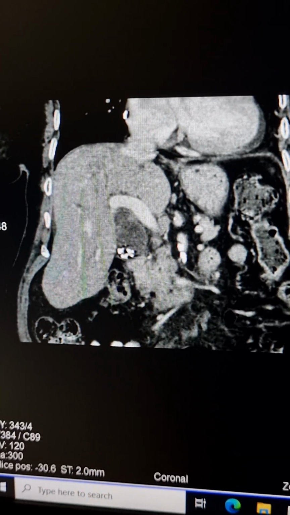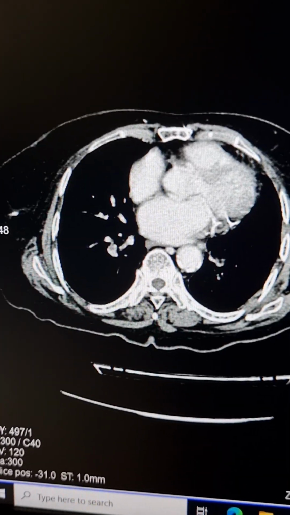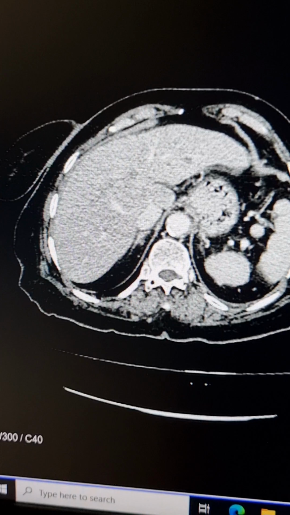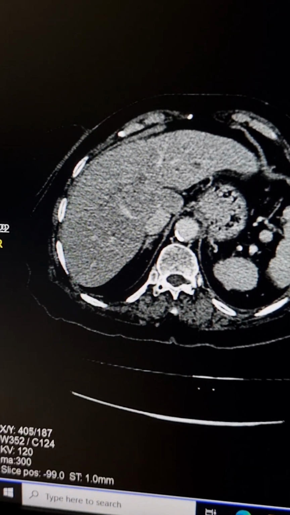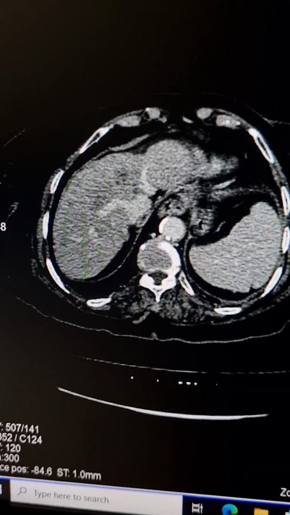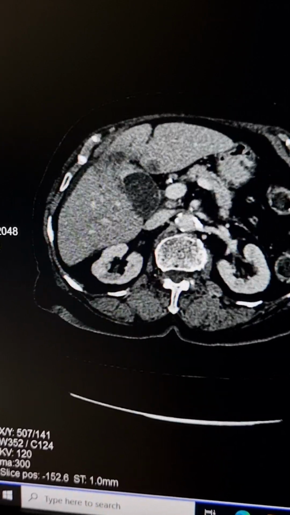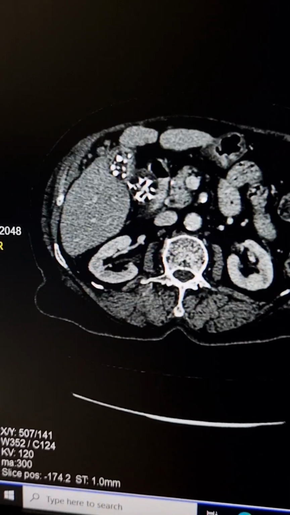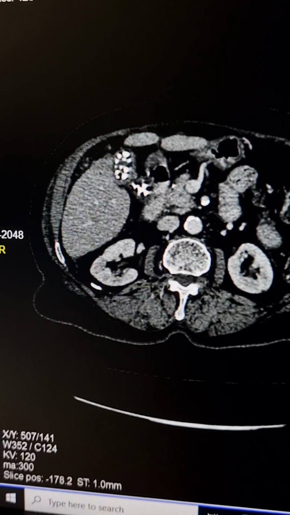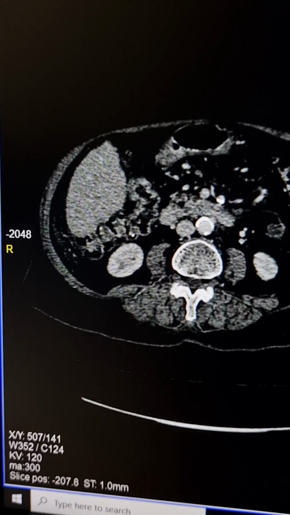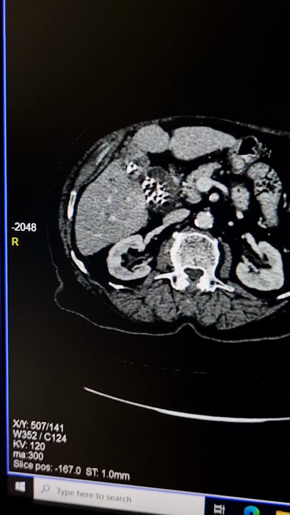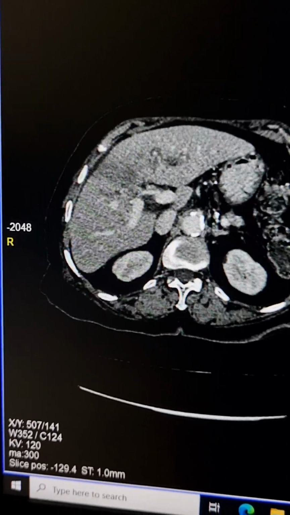So one should be very, very careful in looking at the liver, gallbladder, thickening of the wall of the gallbladder associated with the calculi, because this case was seen at quite a big institute by two radiologists.